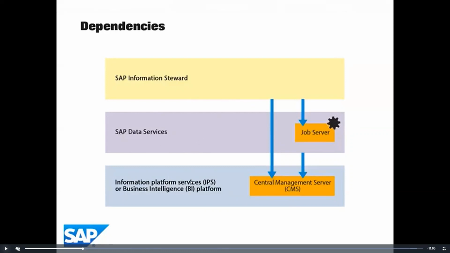First is IPS, then DS, and only then IS. IS uses the platform of the data services job server as part of IS, because the jobs or tasks we are running use the job server which is installed with data services.